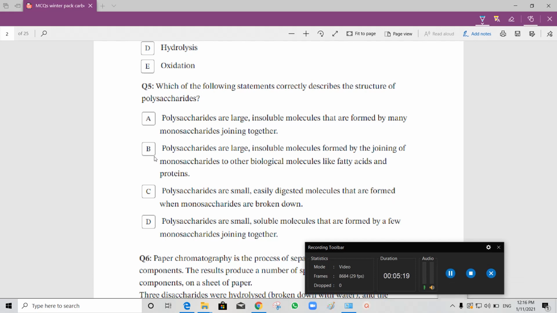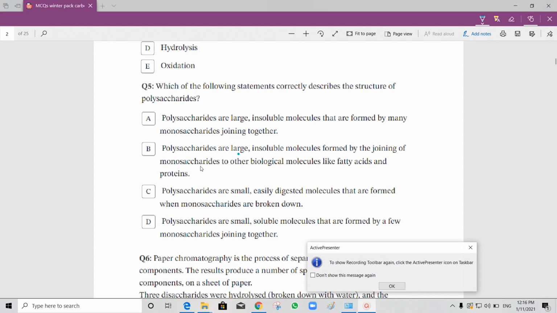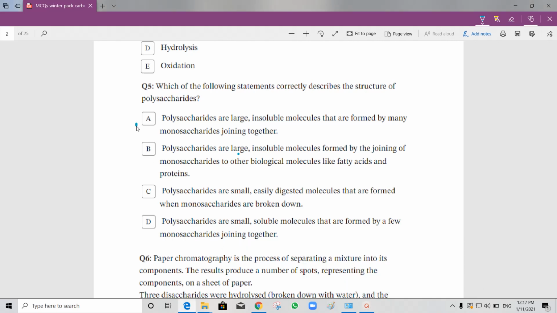B. Polysaccharides are large insoluble molecules formed by joining of monosaccharides to other biological molecules like fatty acids and proteins. C. Polysaccharides are small, easily digested molecules that are formed when monosaccharides are broken down. D. Polysaccharides are small soluble molecules that are formed by a few monosaccharides joining together. So for number 5, we will choose A. A is the correct answer. Polysaccharides are large insoluble molecules that are formed by many monosaccharides joining together.